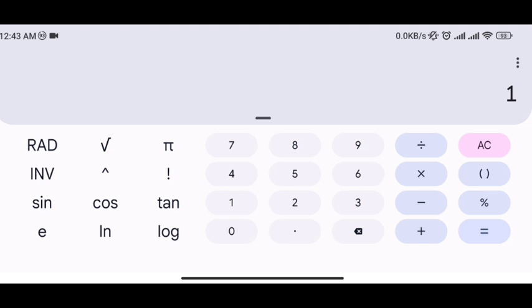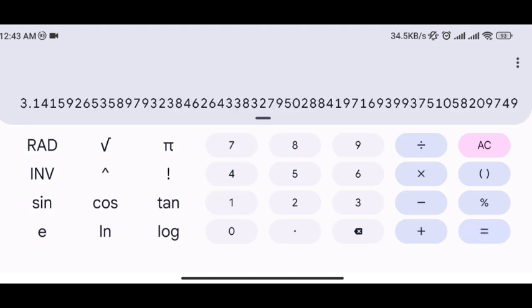Here is the value of sin theta, cos theta, tan theta. Or you can use sin theta 30 degree equal to 0.05. You can use pi into 1.